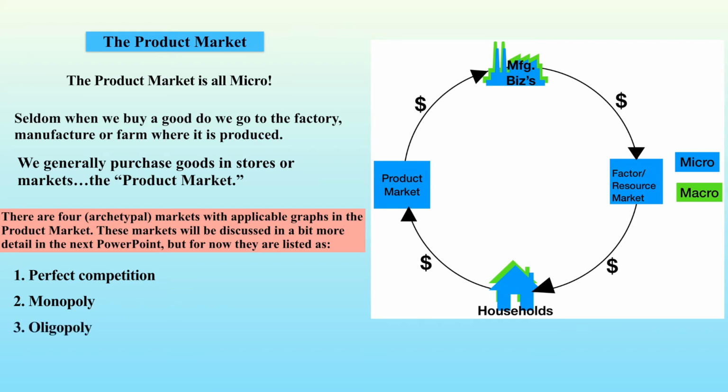Number 3 is an oligopoly, when there are just a few firms in that market. My example would be auto manufacturers with the millions of cars driving around on the highways of our country. How many manufacturers of those automobiles exist? I've had students name up to 15, maybe, companies that produce autos.